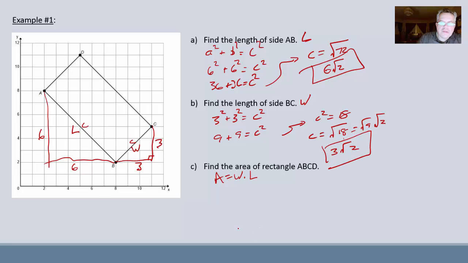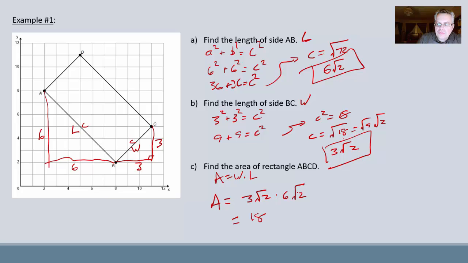Okay, so two square roots. That's all right. We can do this. To find the area, I have to multiply these. This is a little bit of review from our square roots unit. It's the width, 3 square root of 2, times the length, 6 square root of 2. We did problems like this. This is all multiplication; we have four numbers being multiplied. 3 times 6 is 18.